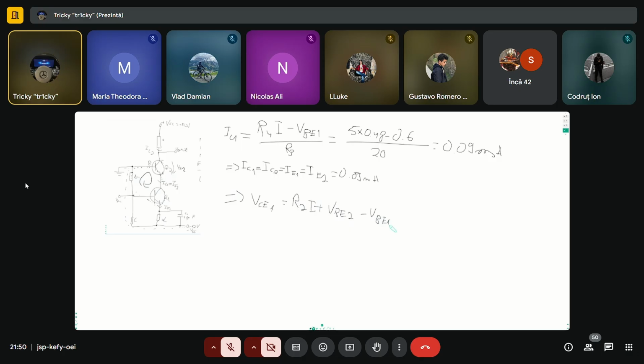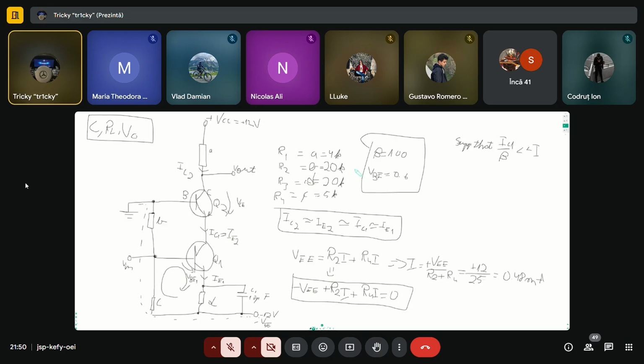Okay, perfect. So this results that VCE1, these two will cancel out because they're both 0.6. VCE1 is equal to R2, which is 20K, and 0.48.